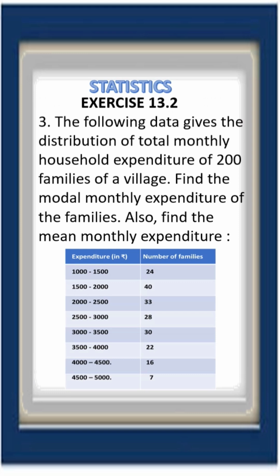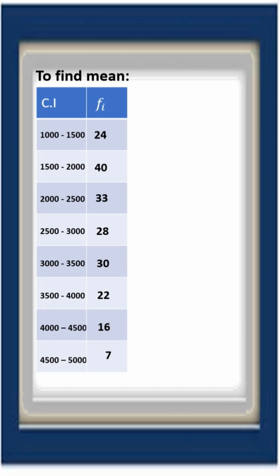Now let us find the mean monthly expenditure. To find the mean, let us write the class interval in the first column and frequency in the next. Now let us add one more column for xi.